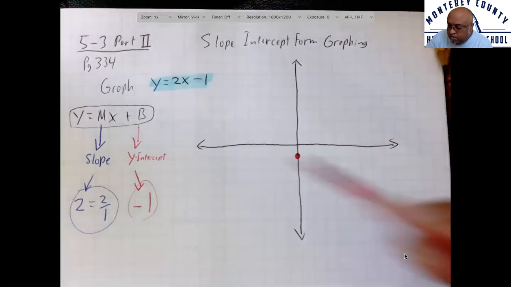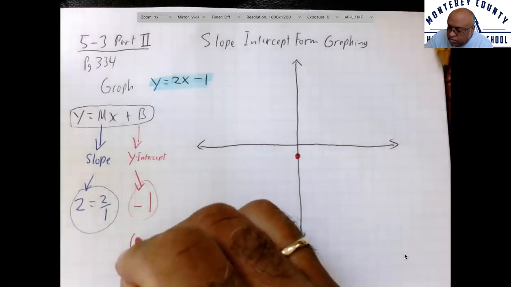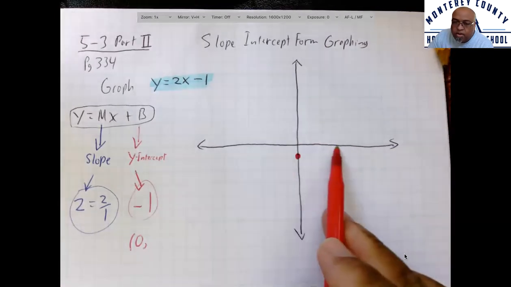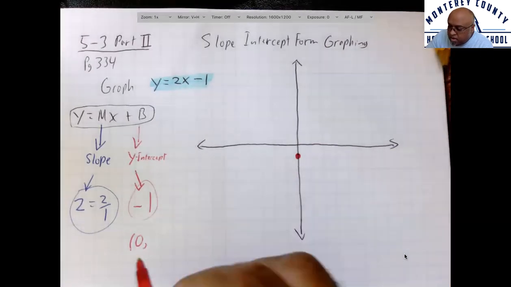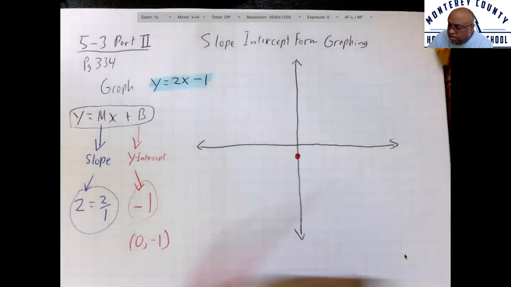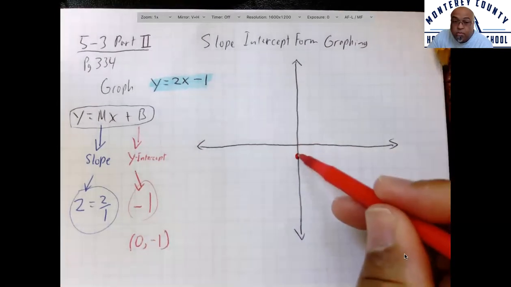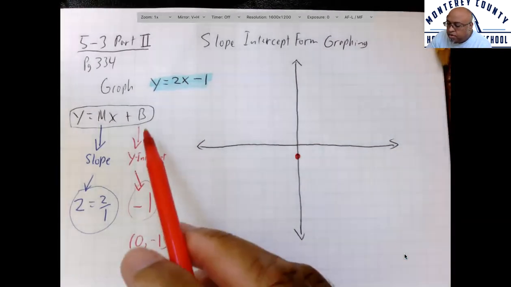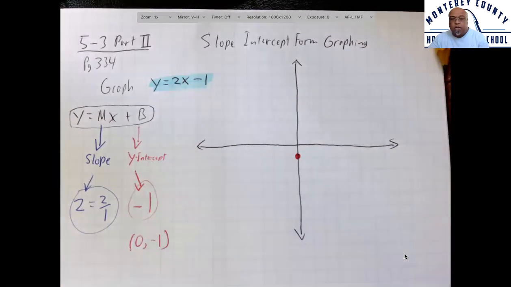Now, if I had a table, then that point would be 0 for my x value because I did not go left or right for my x value, and -1 for my y value because I went down. Remember, down means negative on the coordinate plane. So the y-intercept is the point 0, -1.